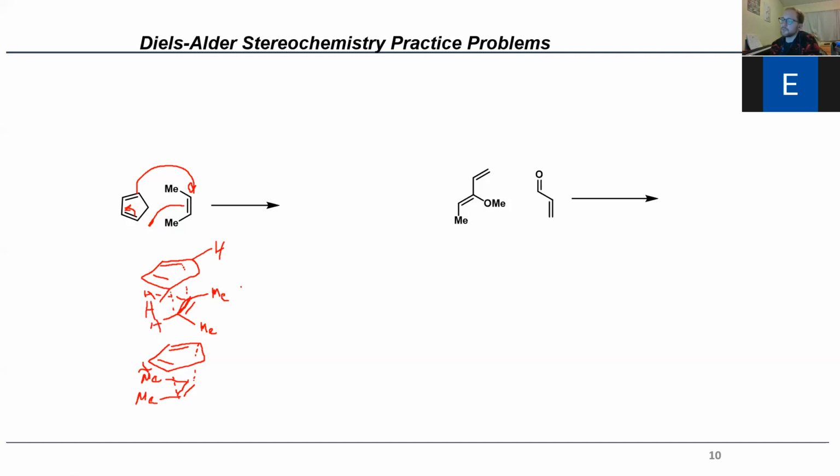And you can skip steps if you are quite good at this, but I like to do it this way just to make sure I get everything right. And so I've pulled up this bridge a little bit just for the sake of seeing it. But note here, I'm not really changing the position of anything. I'm just redrawing the transition state with everything drawn in the same way.